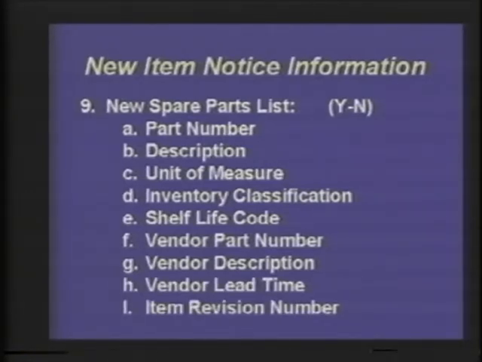Now, before we move to page number 11, let me address the items from 1 to 7. Those items are the original data requirements for a spare part. The data that we just looked at under item 9 are all of the spare parts if the new item notice was for an asset.